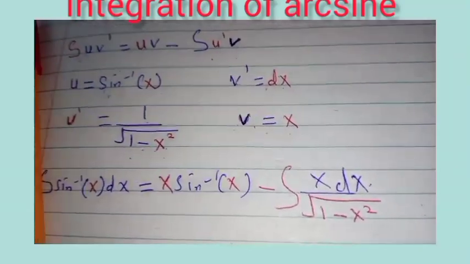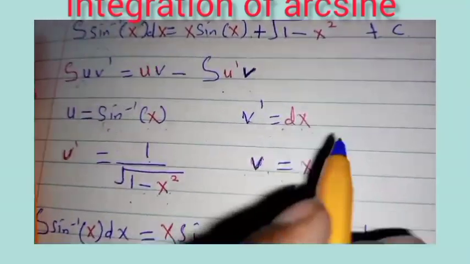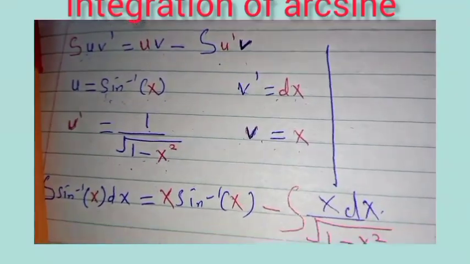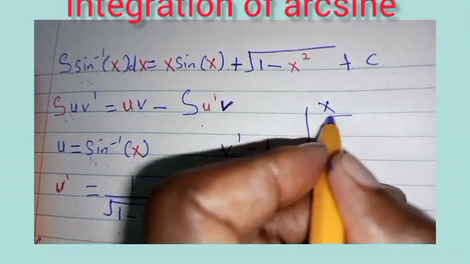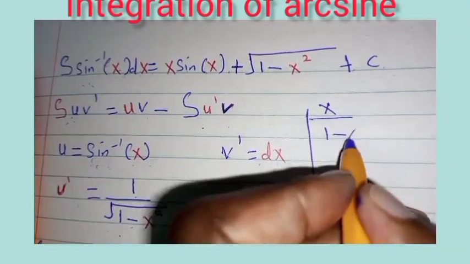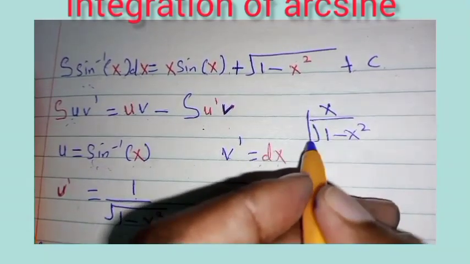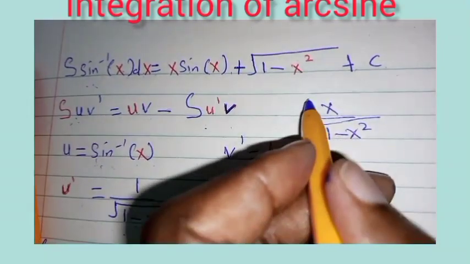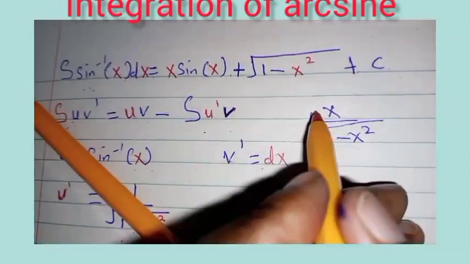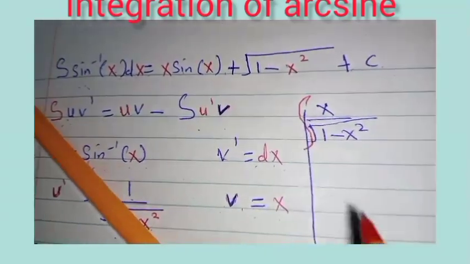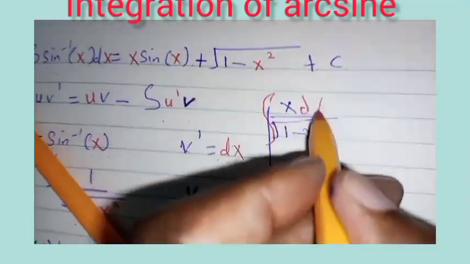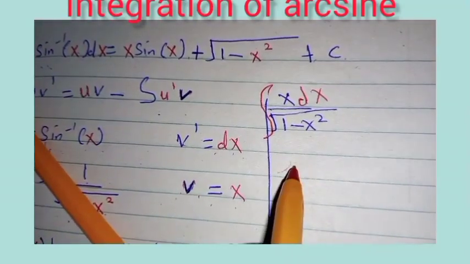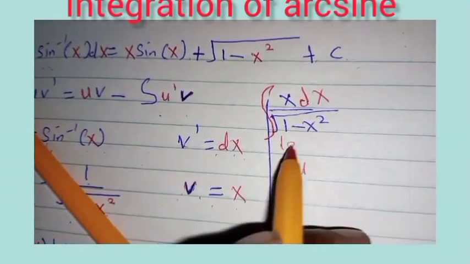So what we are going to do now in the next part is integrate this part here. You have x divided by the square root of 1 minus x squared dx. We want to integrate this bit by what is called u substitution.